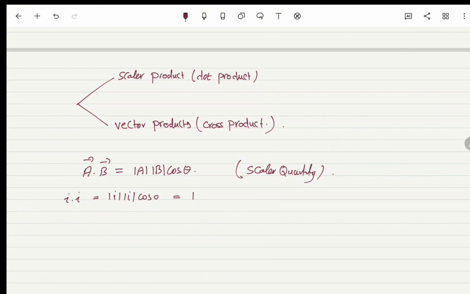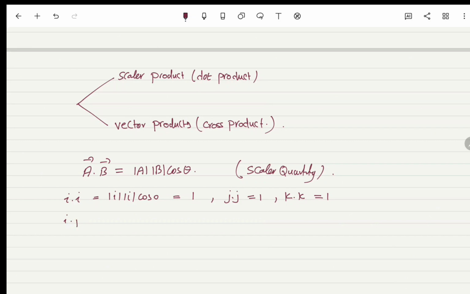So i dot i is 1 times 1 times cosine 0, which is 1. Same thing, j dot j, because both vectors are in the same direction, the angle between them is 0, so j dot j equals 1. k dot k, again, equals 1.